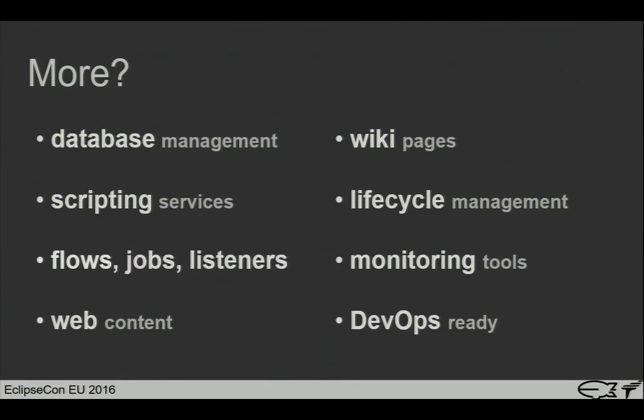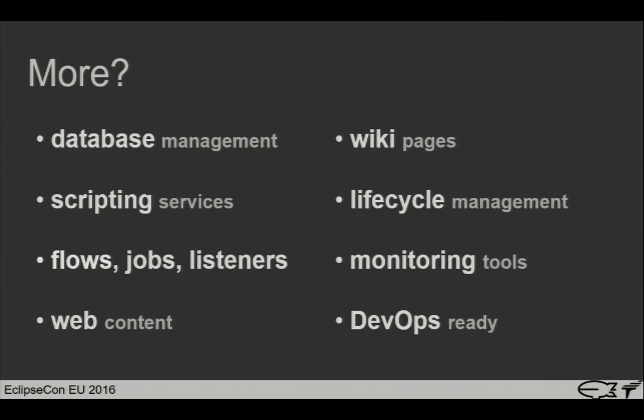Most of the time you need something more complex, for example, asynchronous triggers or flows or listeners, and Eclipse Dirigible provides you with that. And you can also write your user interfaces using Bootstrap, AngularJS, and OpenUI5.